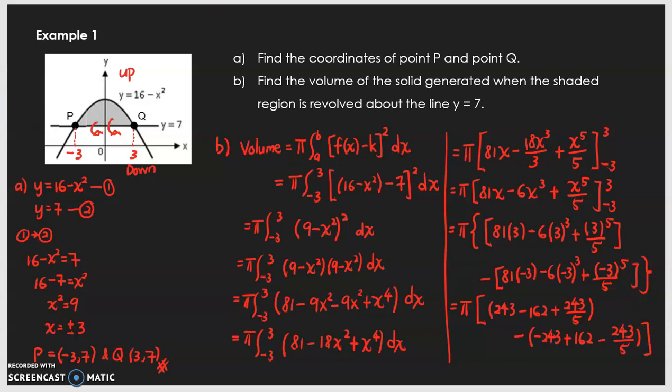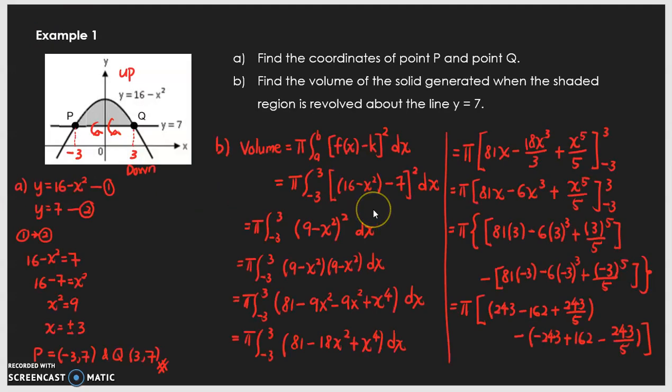So next, I try to simplify this part. So here we have pi. By using your calculator, 243 minus 162 plus 243 over 5 is equal to 648 over 5.